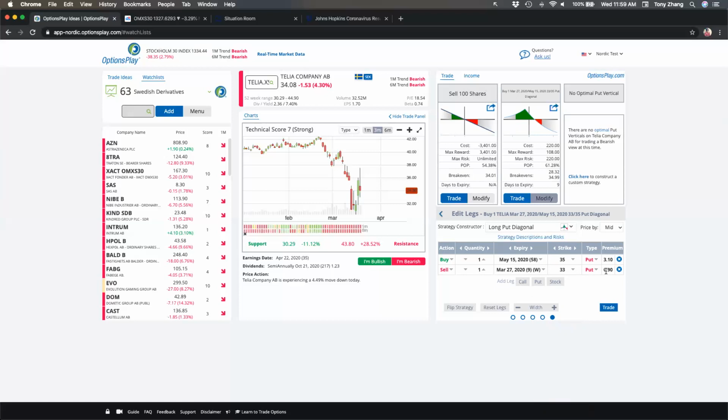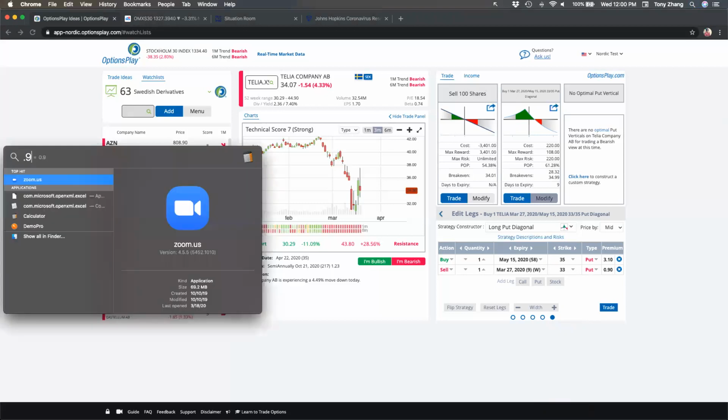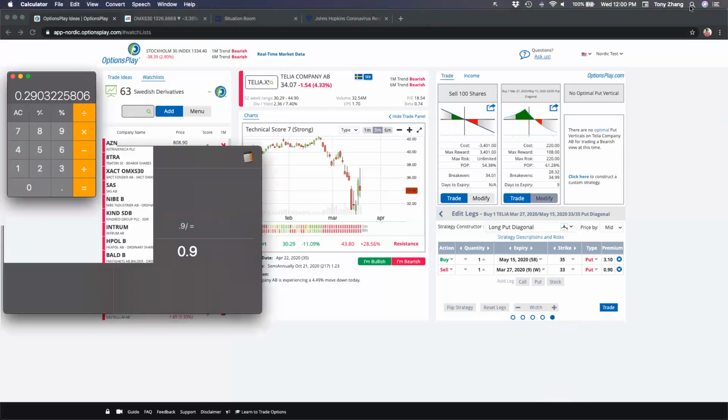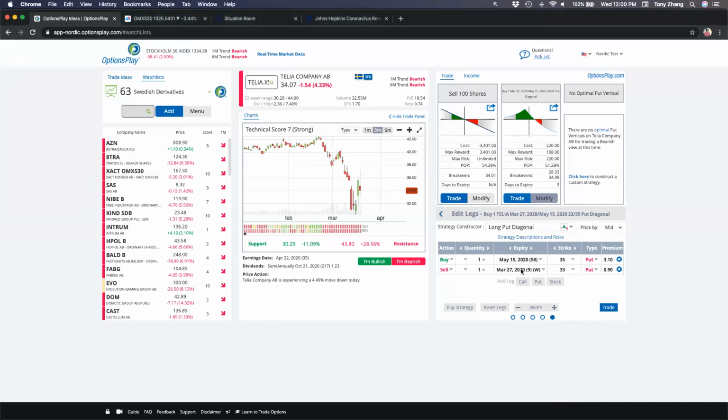It's only 3 crowns. But we can reduce the cost of that trade by 0.9 crowns. So 0.9 divided by 3.1 is 29%. So we're reducing the cost and the risk of our trade by 29% by selling the weekly 33 put option that expires next Friday.